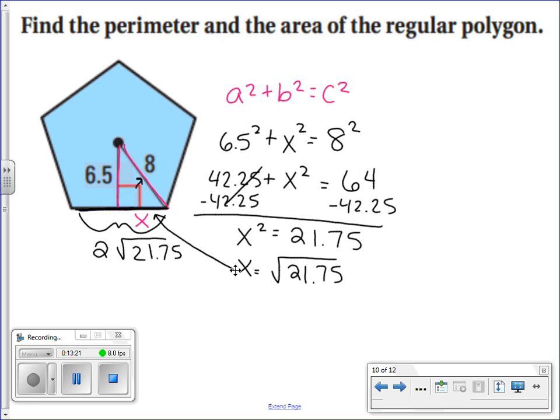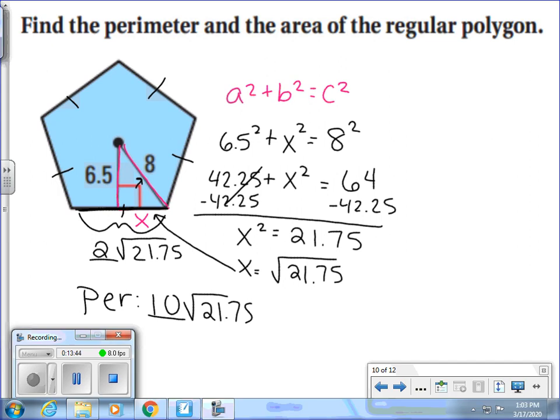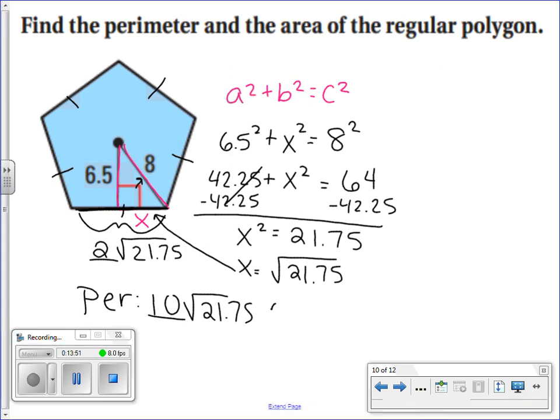Which means the perimeter of our figure would be 10 times the square root of 21.75. There's 1, 2, 3, 4, 5 sides to this figure. 2 times 5 gives us 10. That's where that 10 comes from. But that perimeter is pretty nasty looking like that. So if I plug that into my calculator, that's approximately 46.64.